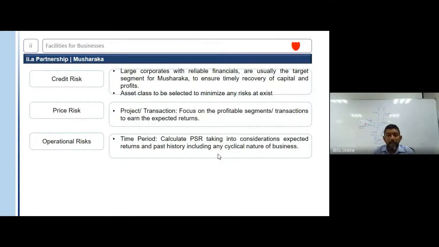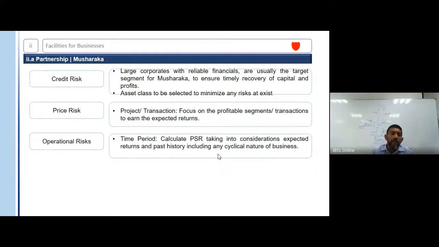Let me explain that. First of all, right customer: we have to determine customers whose financials are reliable, to ensure we get our profits and capital back.